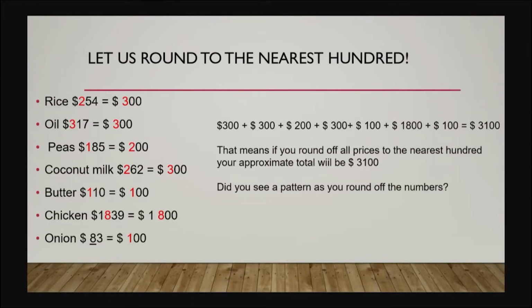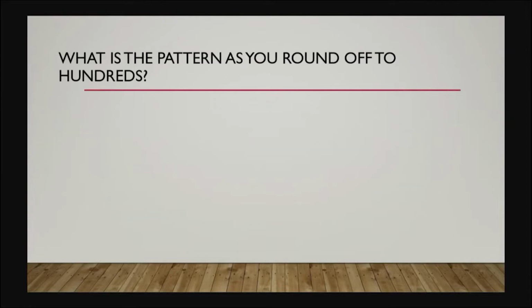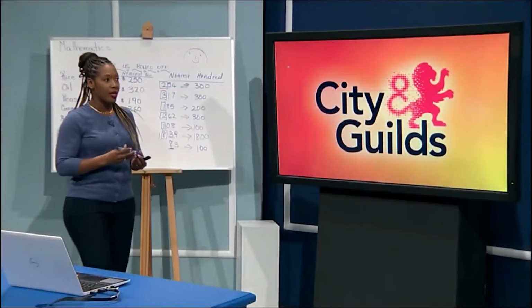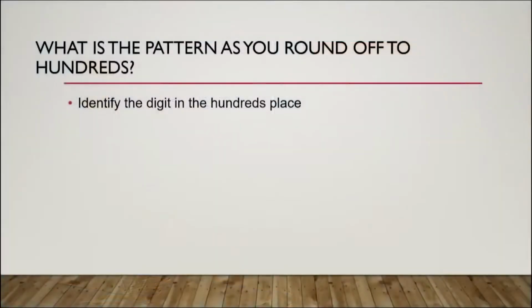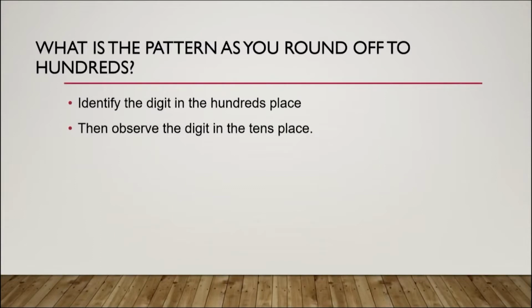All right, and I hope you are picking up on the pattern that comes out as we round off to various places. So when you're rounding off to your hundreds, here we go again. We identify the digit in the hundreds place, as you can see we did. And then we observe the digit in the tens place, always to the right of it.